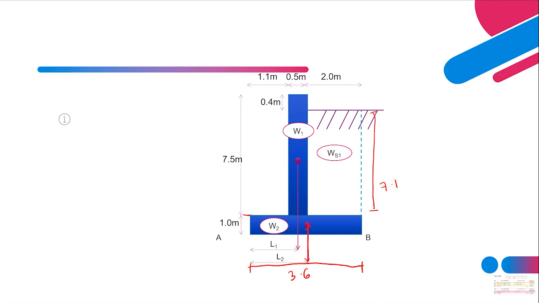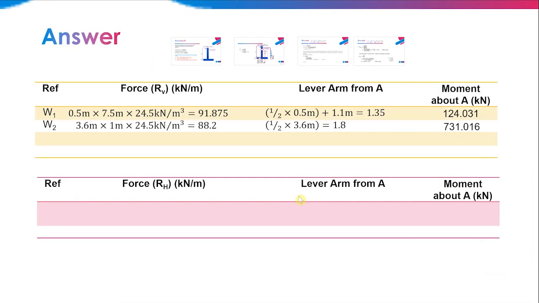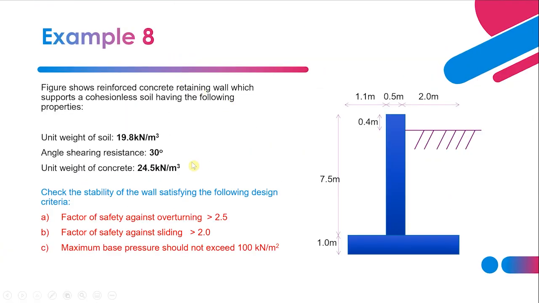So 2 times 7.1, right? And then 19.8 ni adalah unit weight of the soil, sebab itu adalah berat soil. Kalau you tengok dalam soalan, berat soil adalah 19.8. Okay, jadi kena darab dengan unit weight of soil itself.